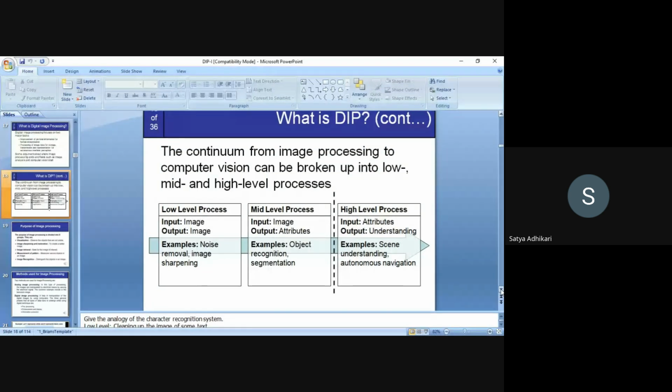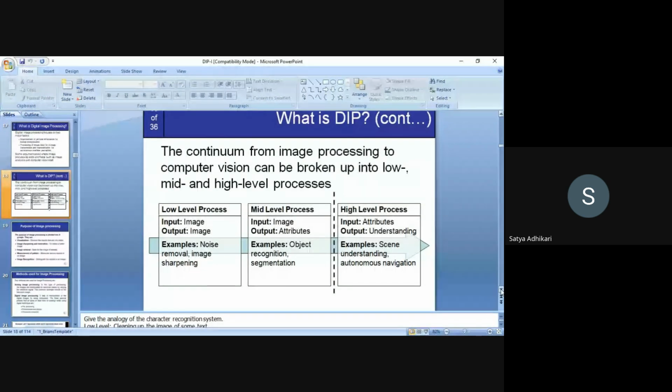So, noise removal or image sharpening. Suppose when you take an image, it may contain some noise. Noise in the sense that some pixel values are missing, some part is unclear, not clearly visible.